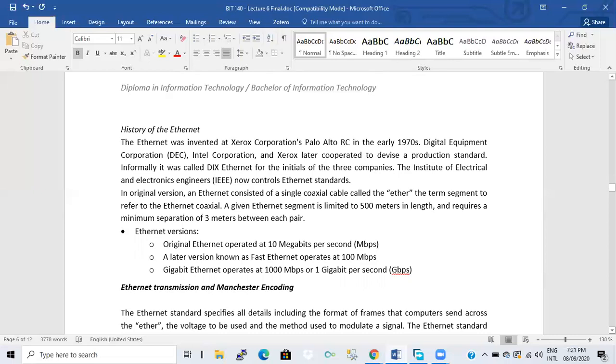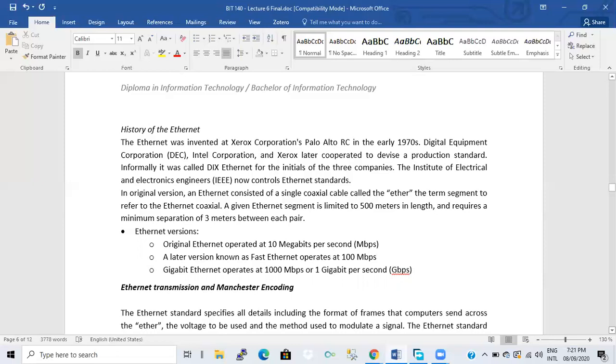In the original form, an Ethernet consisted of a single coaxial cable that was called the ether. The term segment refers to the Ethernet coaxial cable. A given Ethernet segment is limited to about 500 meters in length and requires a minimum separation of 3 meters between each pair.